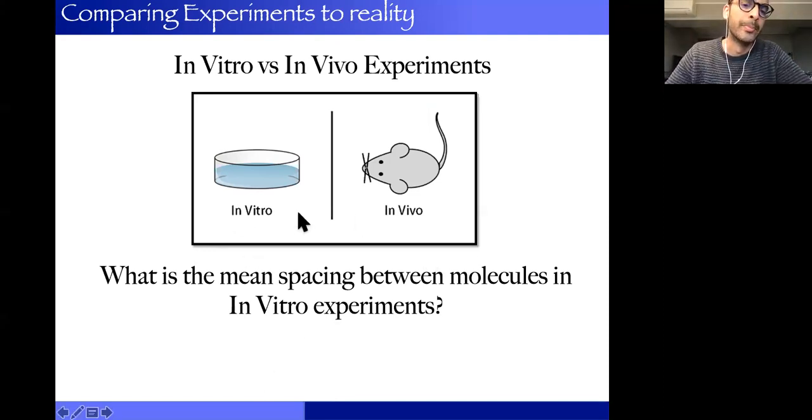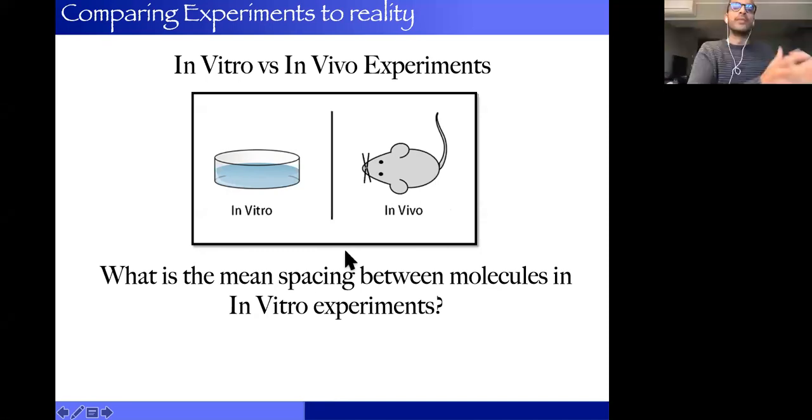If there's only one thing I want you to take away from all our discussion today, it is that you have to be very careful with the difference between an in vitro and an in vivo experiment. In vitro experiments are typically how biological experiments are done. They're done in a lab, in a test tube or a Petri dish.